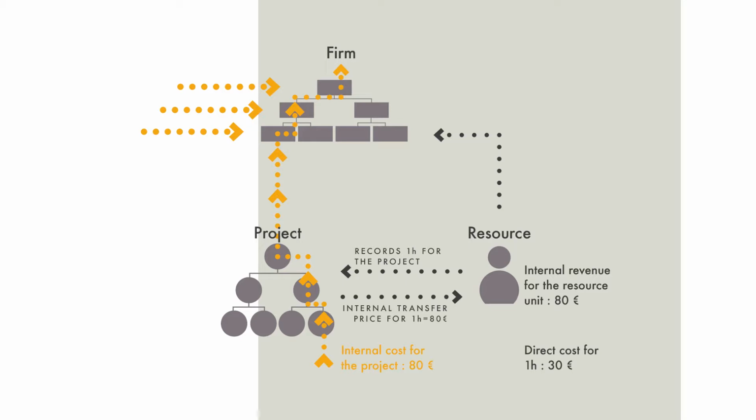This person records 1 hour to the project by recording his 1 hour work time to a work breakdown structure. And there is an internal transfer price for this 1 hour that the project pays for the resource usage, which is, for example, 80 euros.